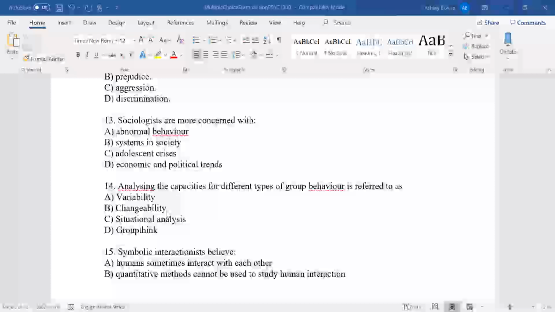Okay, moving on. So number 10, when an individual who is part of a larger group chooses to put forth less effort than other group members, blank occurs. So A, cognitive dissonance, B, social loafing, C, conformity, or D, the bystander effect. Okay, great. Yes, the answer is B, that is social loafing.